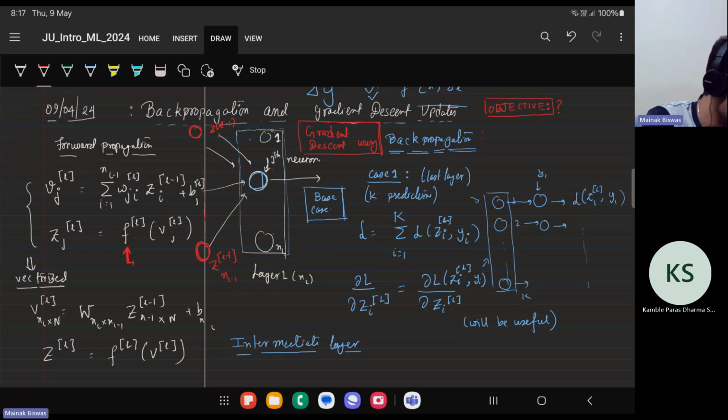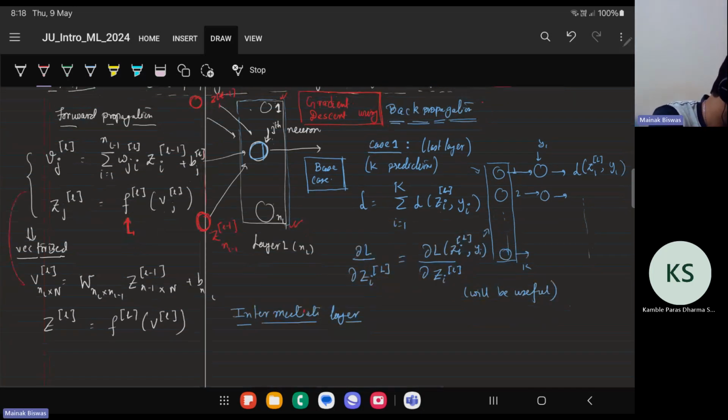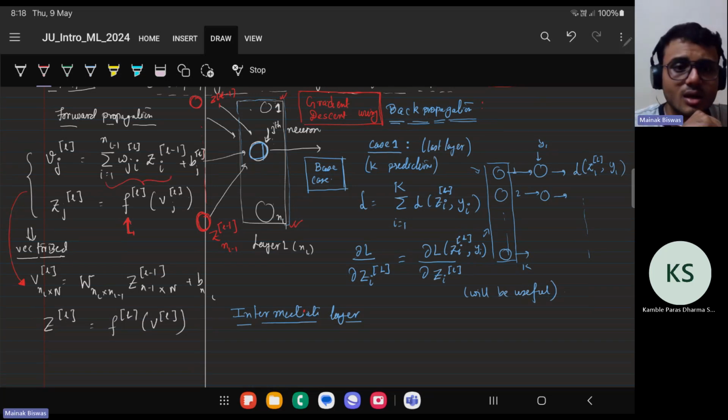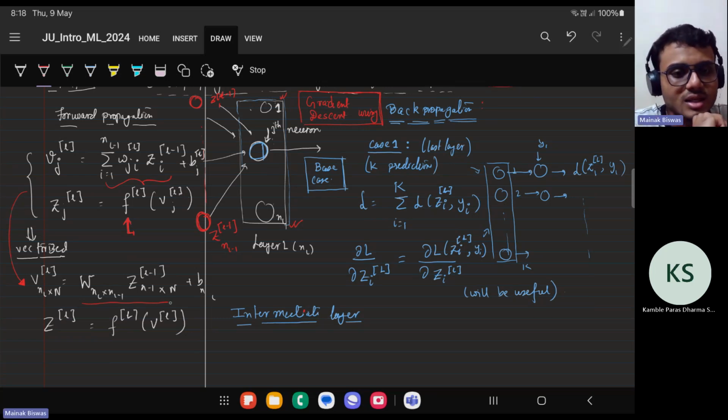For every neuron in this layer, you will do the same thing. And then you can vectorize this. Since it is a sum of w_ji z_i, you can simply write this as a matrix-vector product, Wz plus b.